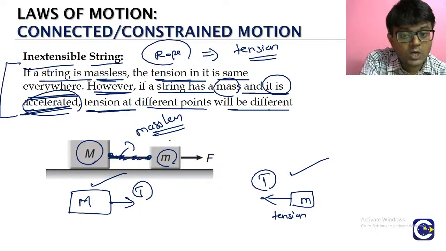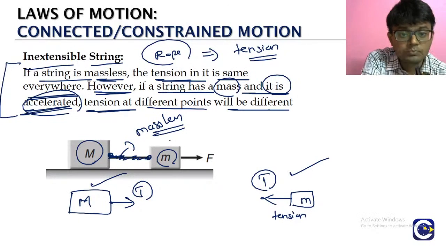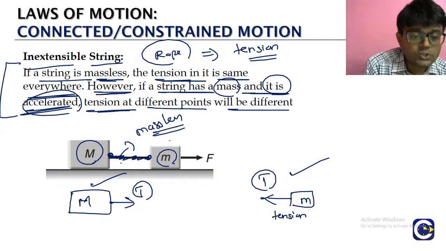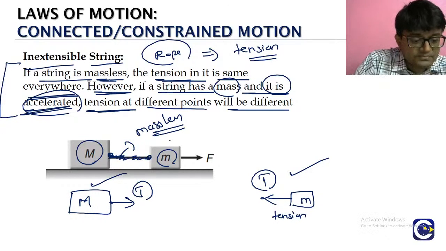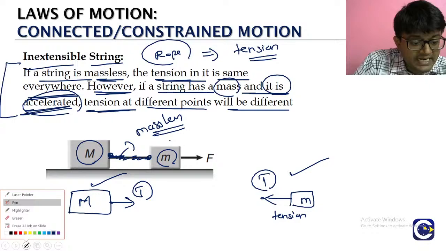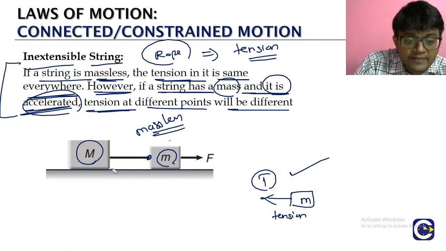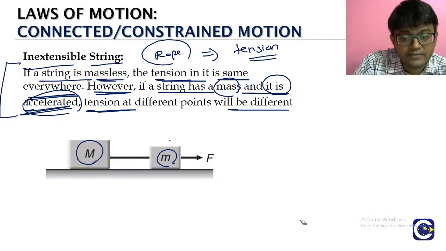While we solve problems involving the applications of Newton's law, we are going to come back and prove these two results also. If the string has its own mass and is getting accelerated, then at different points in the string or the rope, the tension force will be different.